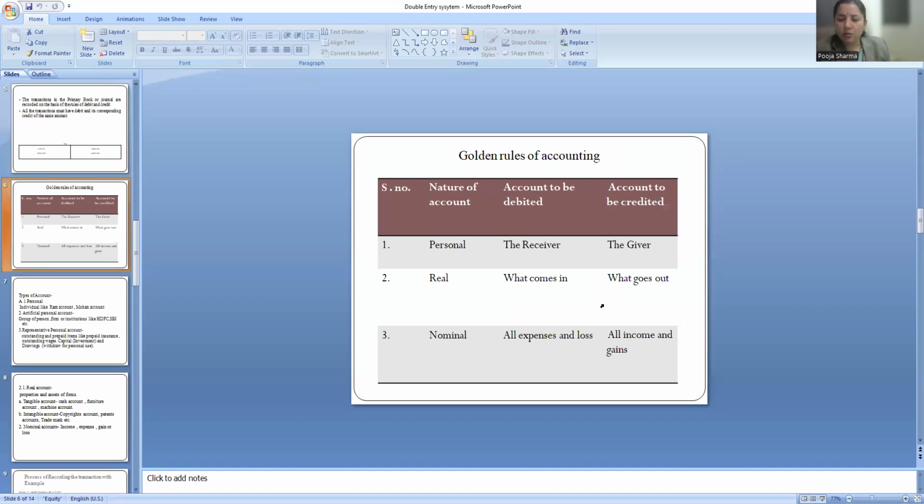These are the golden rules of accounting, the rules on which basis you will debit and credit the account balances. First is the personal account, where you will write the name of the person.